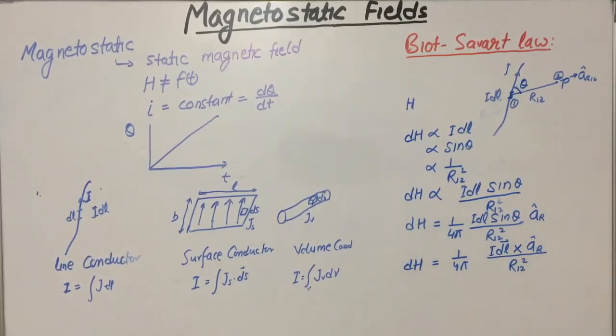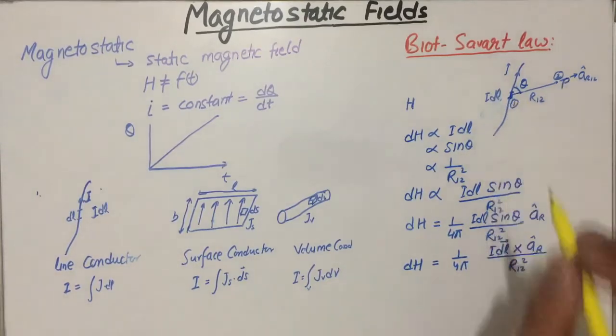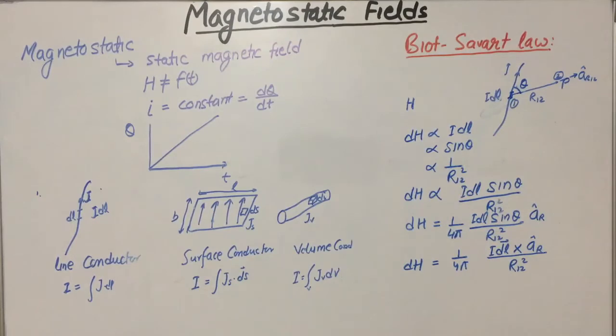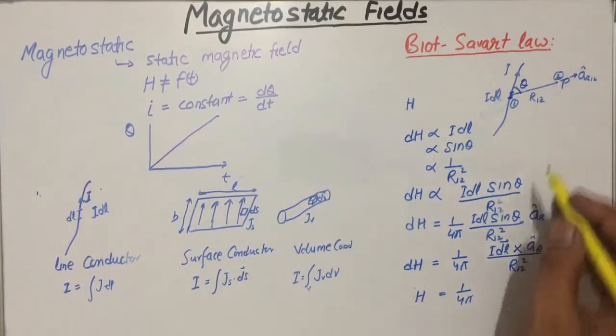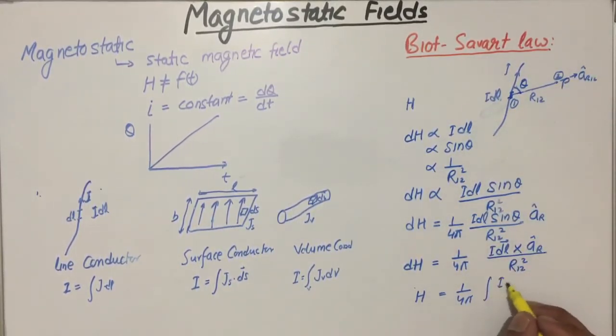This is the magnetic field intensity at this point due to this current element. And if we integrate this, then it will give us the full magnetic field intensity due to this current carrying conductor at this point: the integral of IDL cross AR divided by R12 square. So that is for the full length.